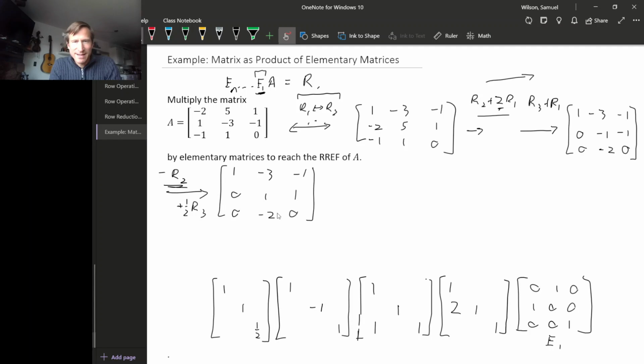And that's going to make this a minus 1. Next operation, we will add row 2 to row 3. Now you see why I wanted this to be a minus 1, so that this would be nice. So that gives us 1, minus 3, minus 1, 0, 1, 1, 0, 0, 1.